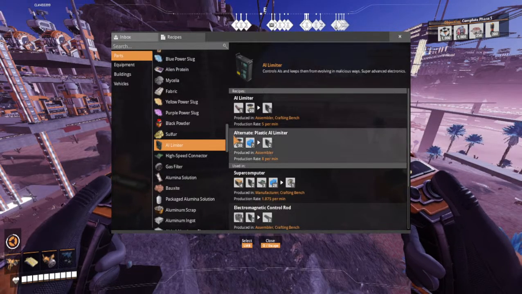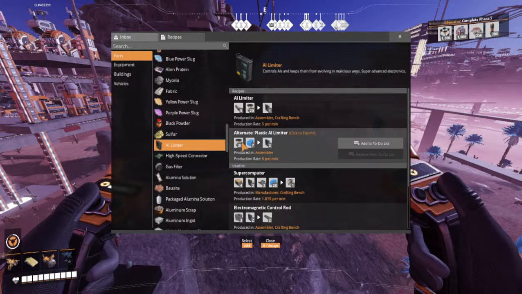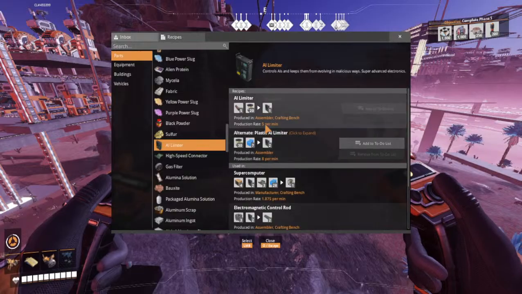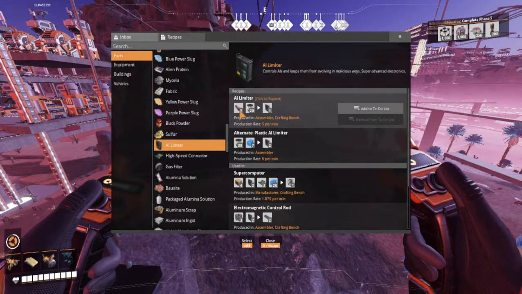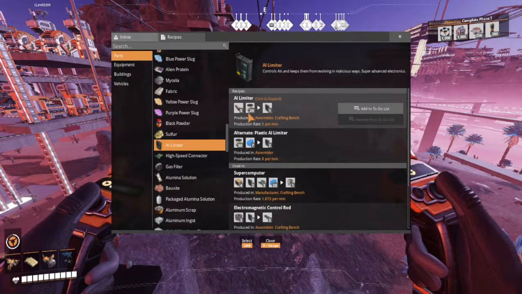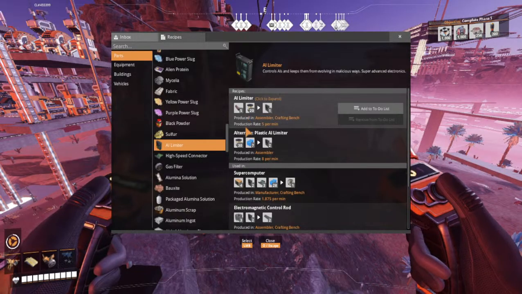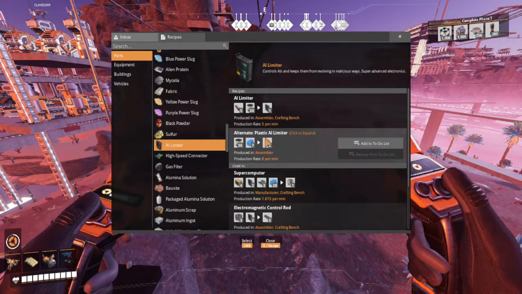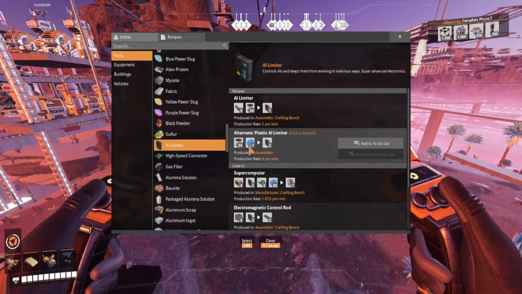Probably should have went with this in the beginning with plastic, because this copper stuff is pretty low. And this one's pretty juicy. Looking juicy.